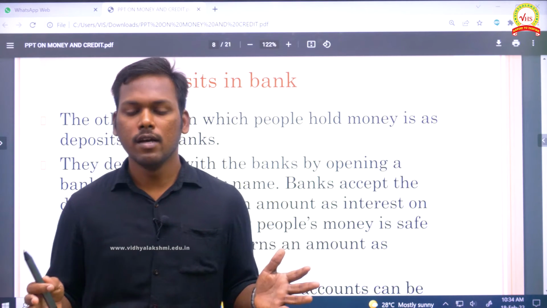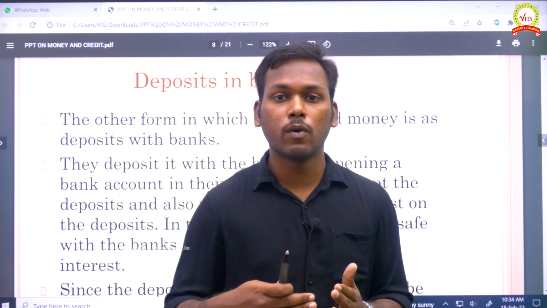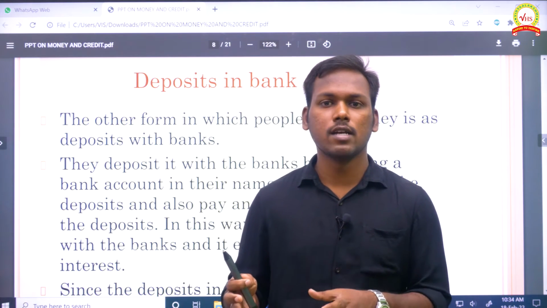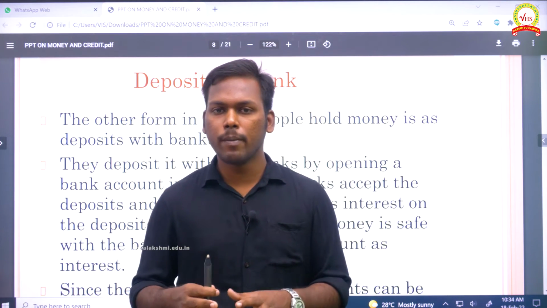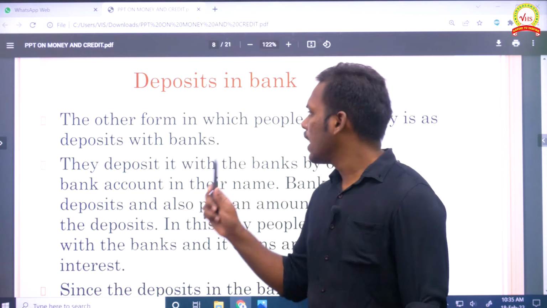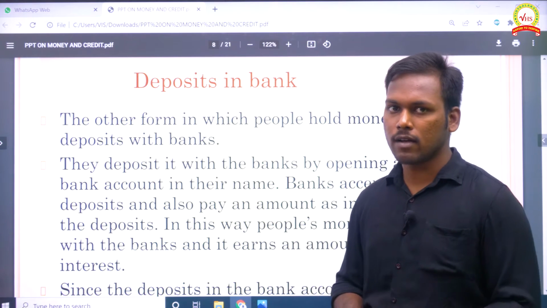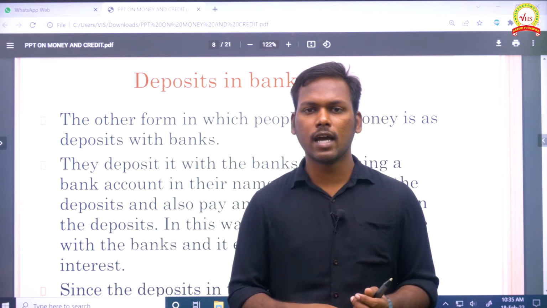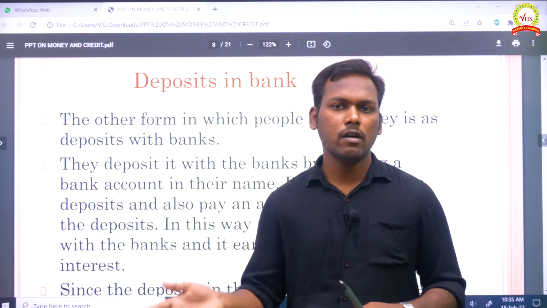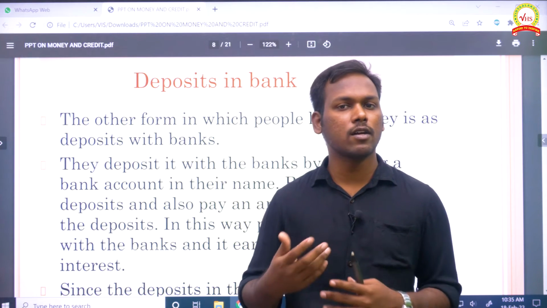It's quite simple. If you are earning a lot and want to save something from your earnings, you can definitely make use of the bank for depositing. So the other form in which people hold money is as deposits with the bank. Clear? We cannot carry it all the time. With growing robbery and thefts, it is highly impossible to keep everything at home.